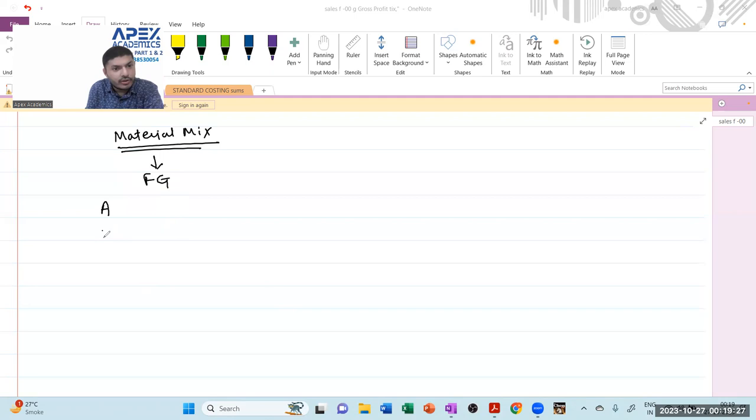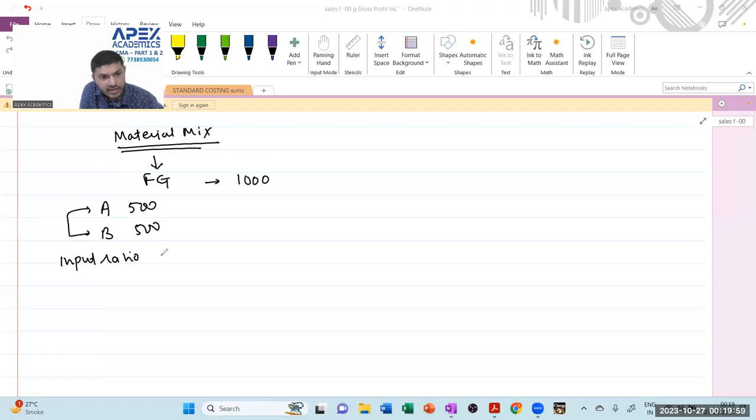The first is input A and the second is input B. For making, let us say, 1000 units of finished good, I require 500 of A and I require 500 of B. This is the input ratio. And what is the input ratio? It is 1:1. How 1:1?